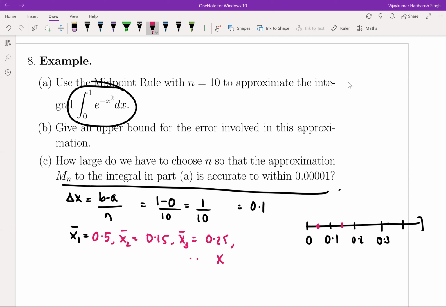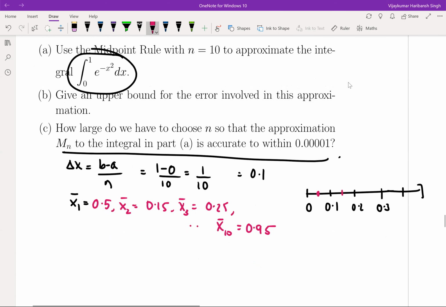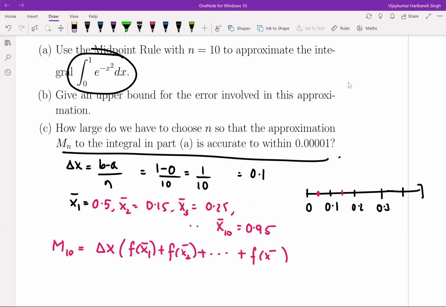We have x10 bar is 0.95. So we get M10 is delta x times f of x1 bar plus f of x2 bar, dot dot dot, plus f of x10 bar.